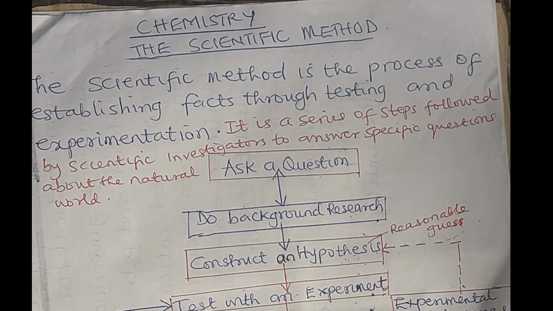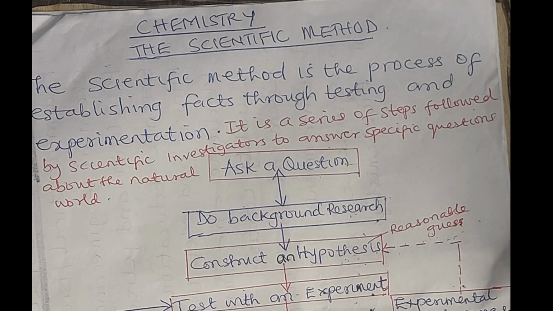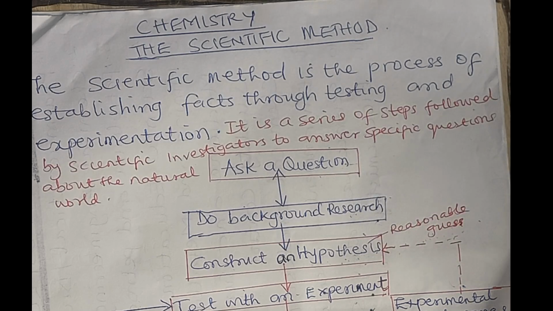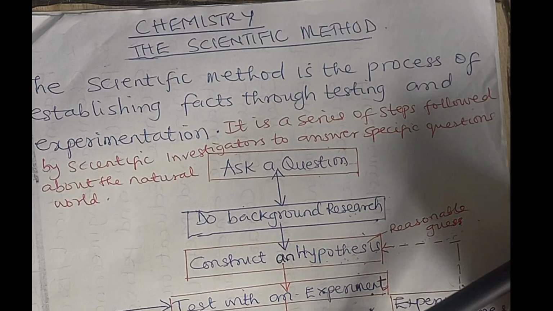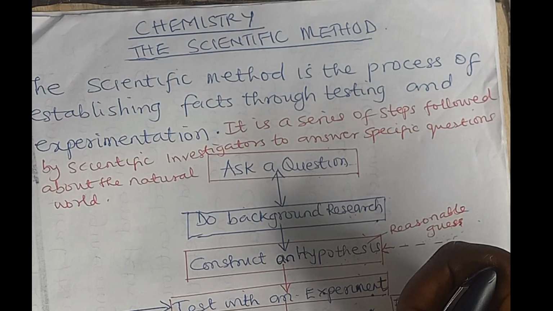So you can cancel the hypothesis or adjust the hypothesis. And this experimental data that you have gotten can be background research for future projects. You can still ask new questions and form new hypotheses again, then experiment again and go back to these steps until you get your theory, then your law or principle.